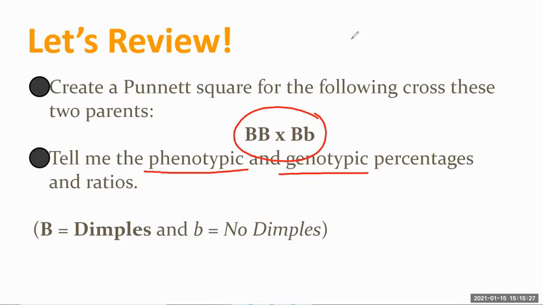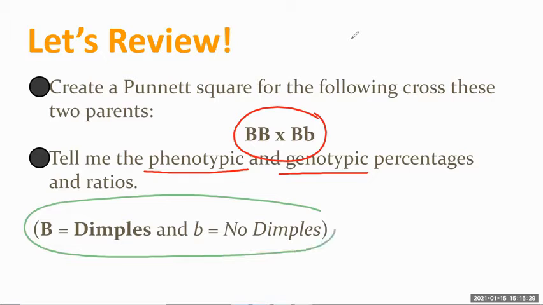And the phenotype that we're working with today are dimples. So the dominant allele is going to mean that we have dimples. The recessive allele is no dimples. So dominant trait, we do have dimples. Recessive trait, we do not have dimples.